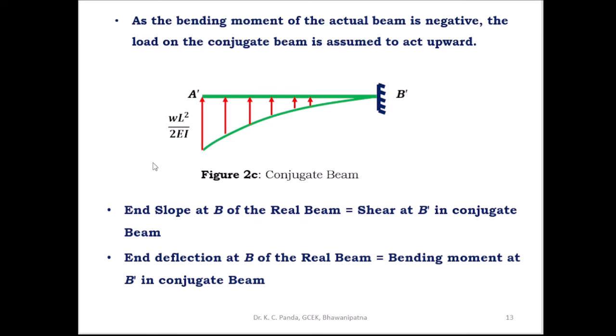So this is the conjugate beam. Here you have to take the load in upward direction as the bending moment diagram is negative, and this is the M by I diagram. The bending moment WL square by 2 you have to divide by EI, so this is the M by EI diagram. Here this is WL square by 2EI, and here this is 0.